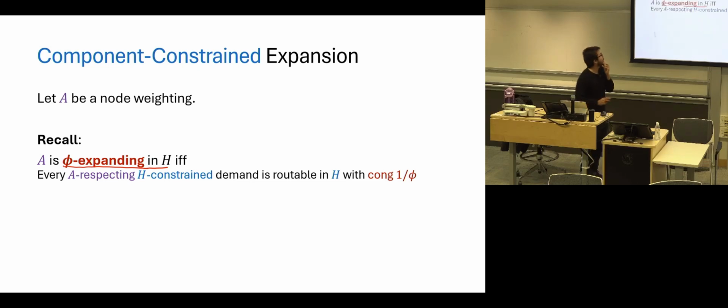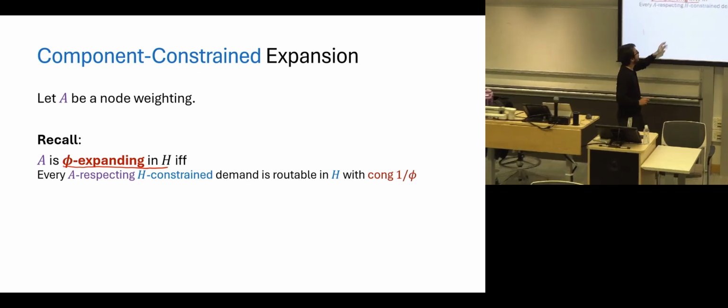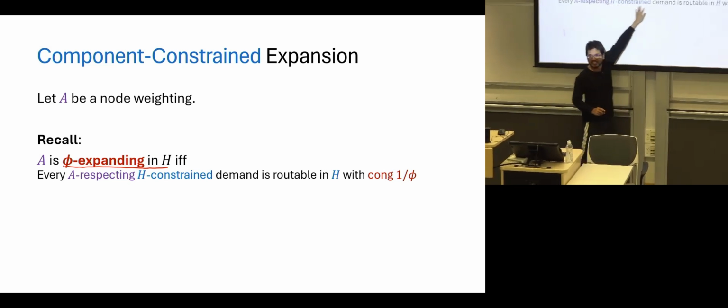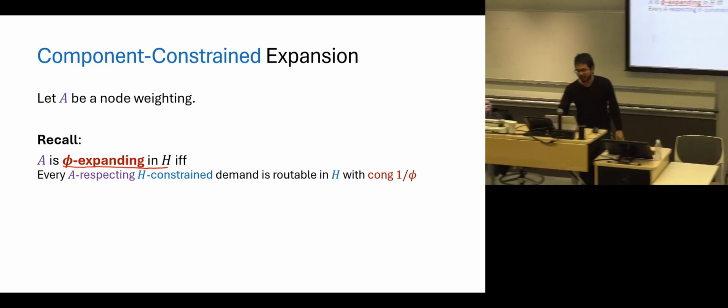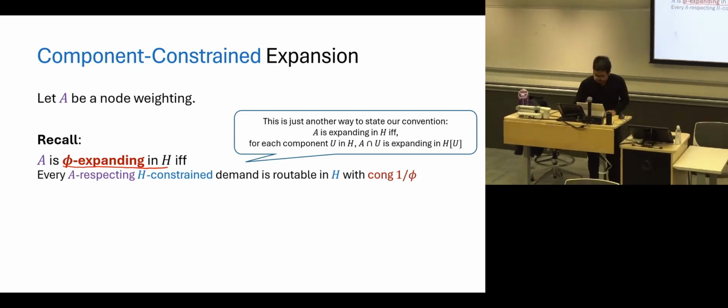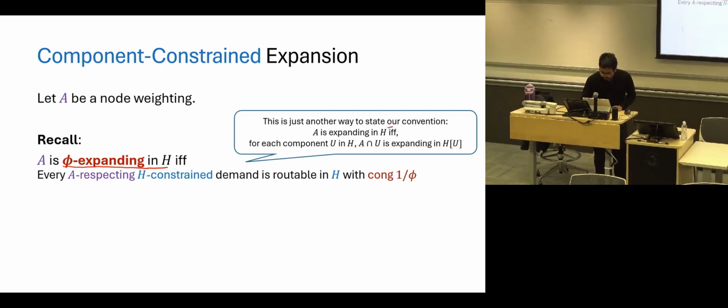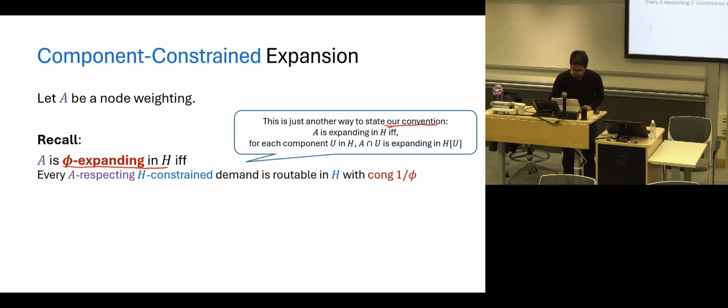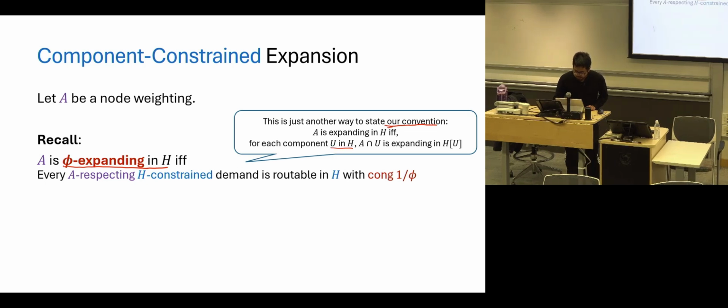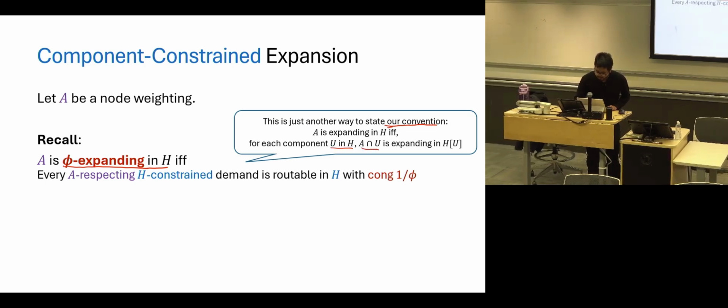We have always been kind of implicitly assuming this, because recall our convention. When we said that A is expanding in some graph H, we basically said that for every connected component U in H, A in U is expanding in the component U.